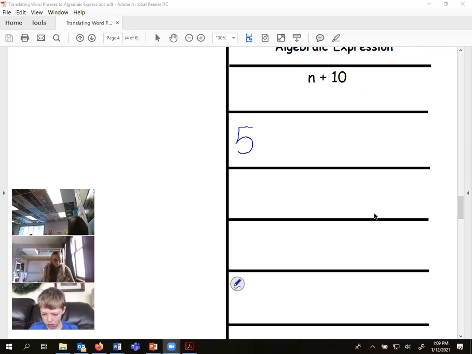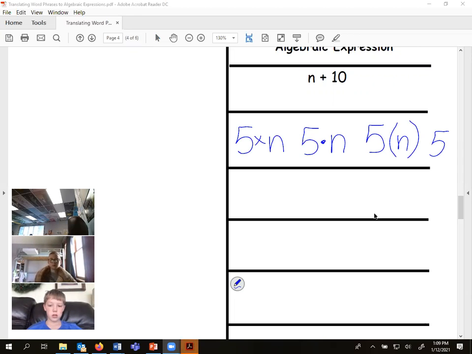You can use the X symbol, the dot symbol, parentheses, or you can just write them right next to each other. In this case, that represents timesing. It doesn't mean that if n was 4, the number is 54. That's still 5 times 4.